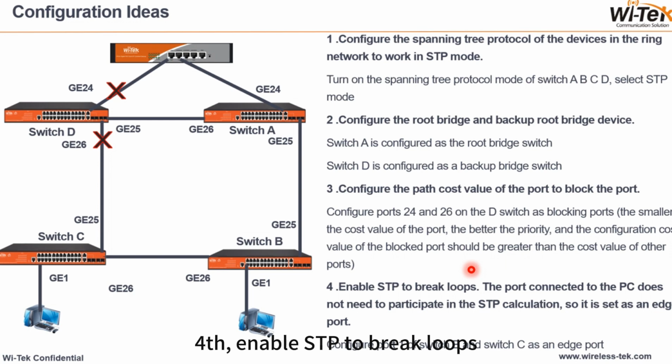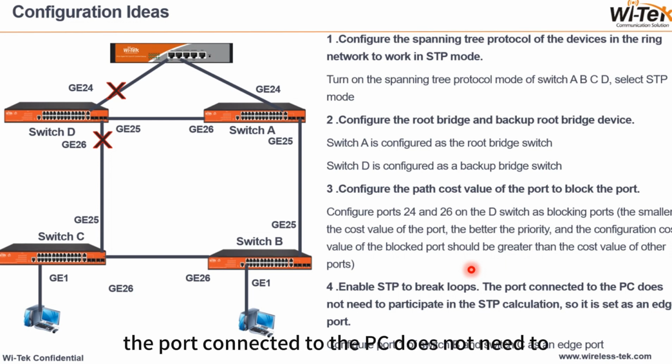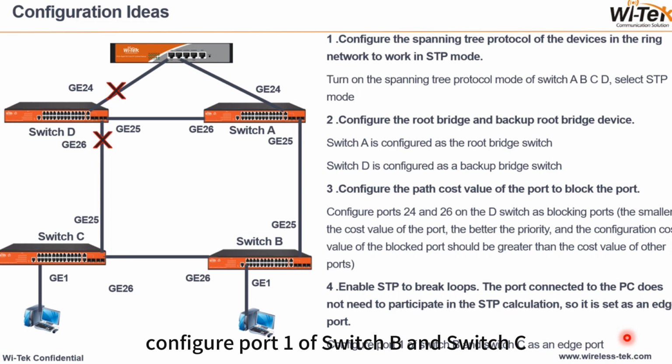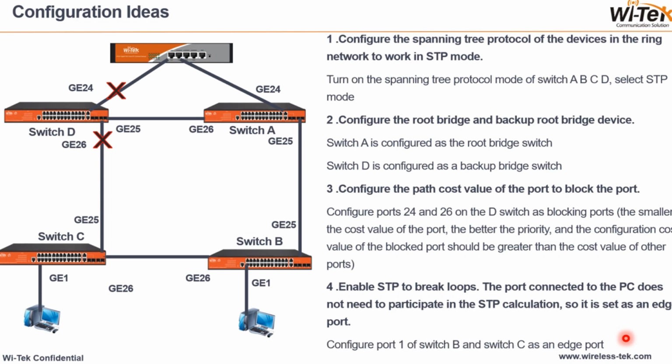Fourth, enable STP to break loops. The port connected to the PC does not need to participate in the STP calculation, so it is set as an edge port. Configure port 1 of switch B and switch C as an edge port.